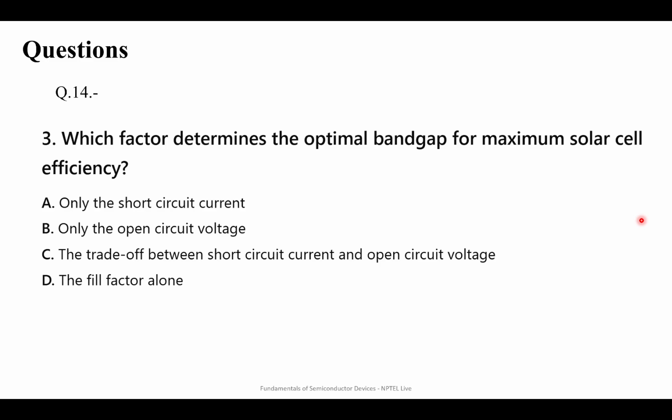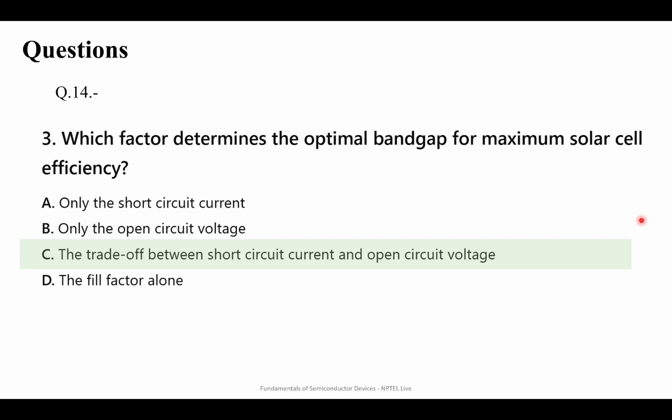Which factor determines the optimal band gap for maximum solar cell efficiency? Only the short circuit current, only the open circuit voltage, the trade-off between short circuit current and open circuit voltage, the fill factor alone. The trade-off between short circuit current and open circuit voltage. That is correct. So if you go to a very low band gap, your open circuit voltage will reduce.